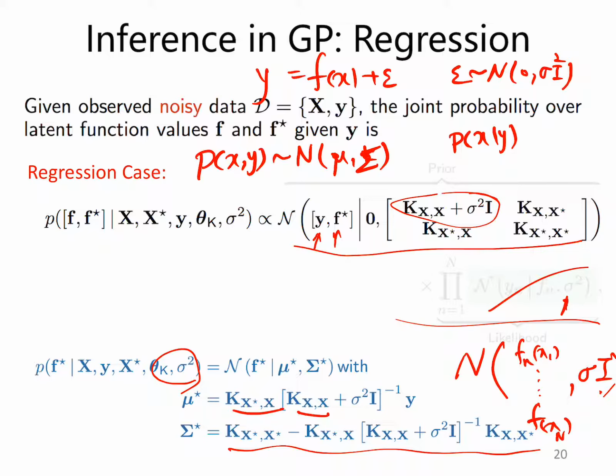So this is very easy for regression. For regression with noise, all you need to do to compute the posterior, which is your prediction at test time, is to be able to do this inversion, and you have your posterior in a closed form in a very easy way.